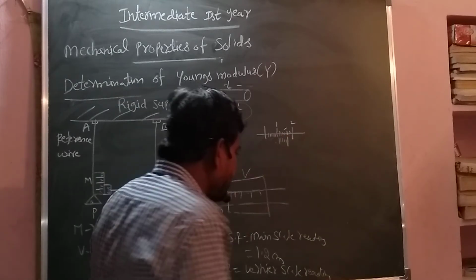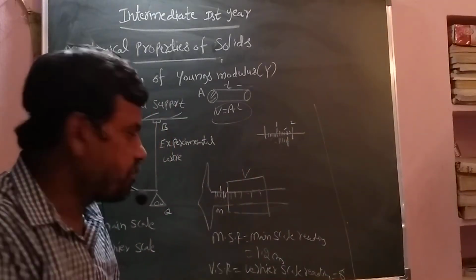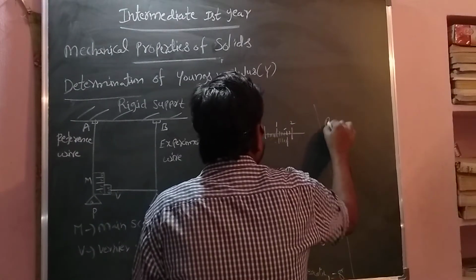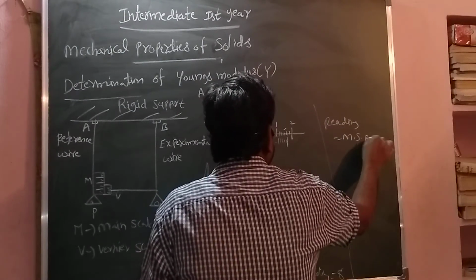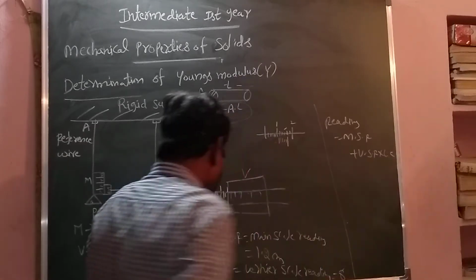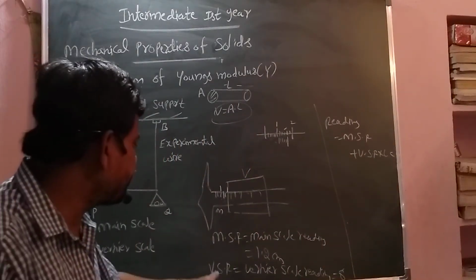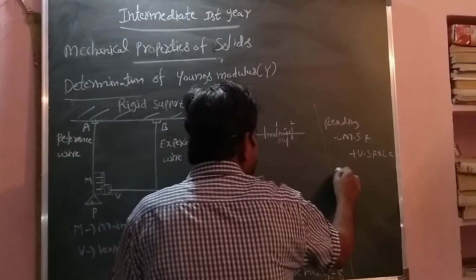Now, what is the formula for reading? Reading equals MSR plus VSR into LC. VSR, or vernier coinciding division, sometimes VCD. In this case, the main scale is 1.2, plus 8.